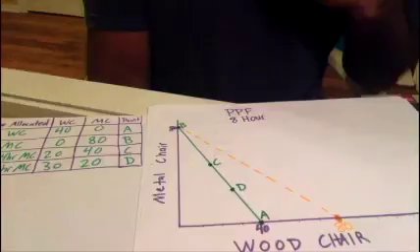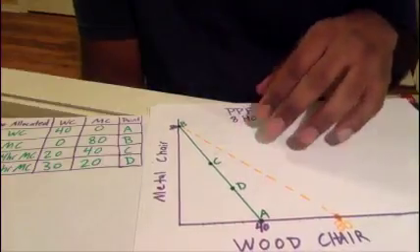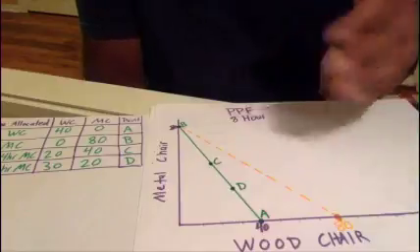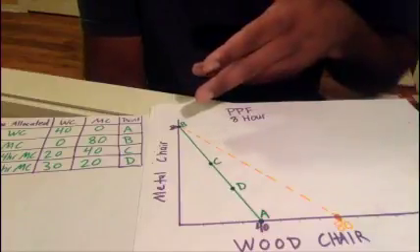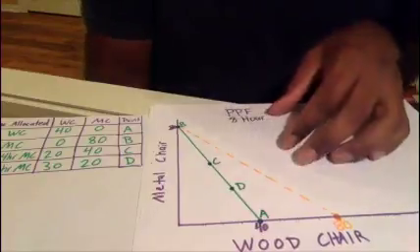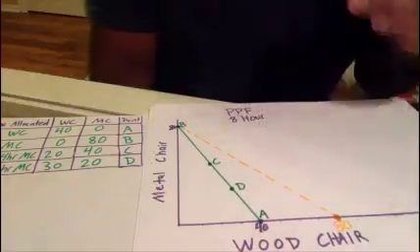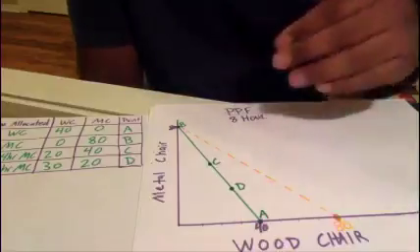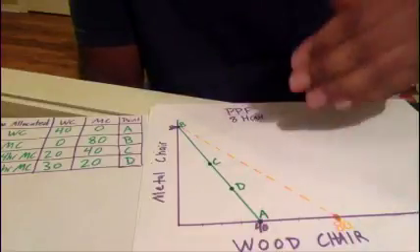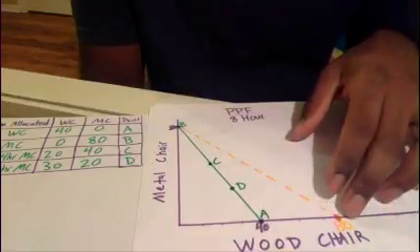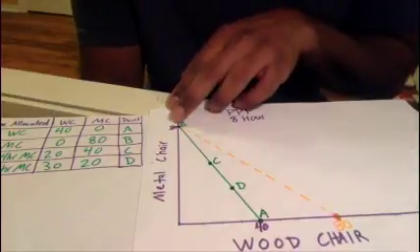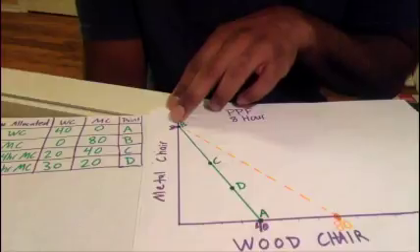Now, a part of this assignment is to make a shift in the graph just for one of them. The shift that happened here was that there was a new wood laser saw that measures and cuts. With this new saw, I'm able to produce more wooden chairs per hour, but it has no effect on the metal chairs because I can't use the wooden saw on the metal chairs.